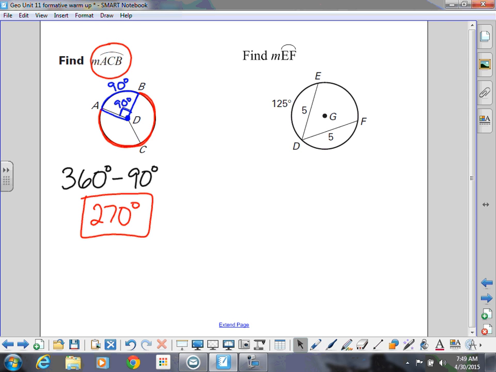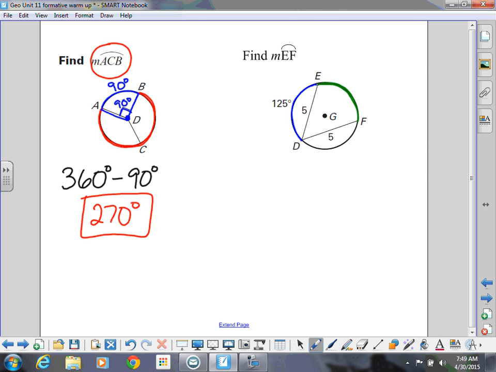Now in the second one, you had to find the measure of EF. So that's arc EF. How many degrees is that? And the information that they gave us in degrees was that from E to D, that's 125.